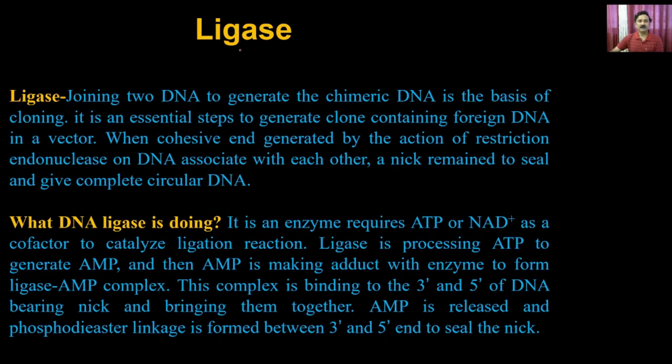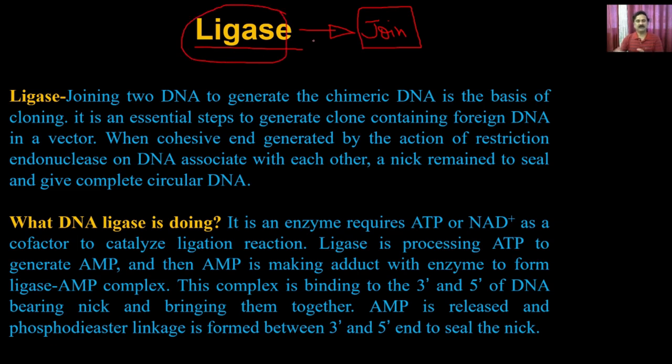Ligase, as the name suggests, is the enzyme used to join DNA. If you have two DNA molecules and put them together in the presence of ligase, it will ligate them.